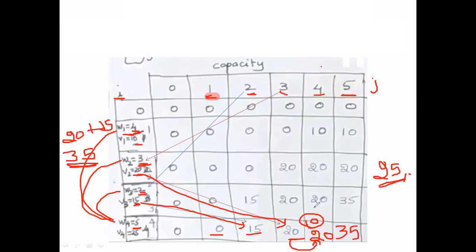So next class, I will explain about this. This is 3, this is 4. C of 3 comma 4. C of 3 comma 4, by using the formula, how are we getting the value 20, the same answer 20, how are we getting this answer by using the recursion formula.